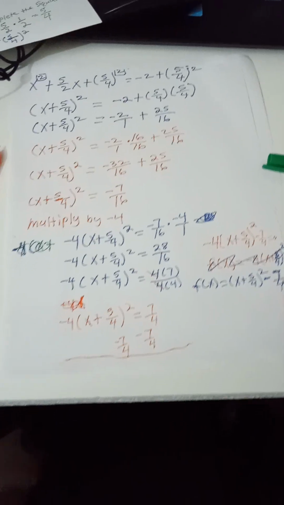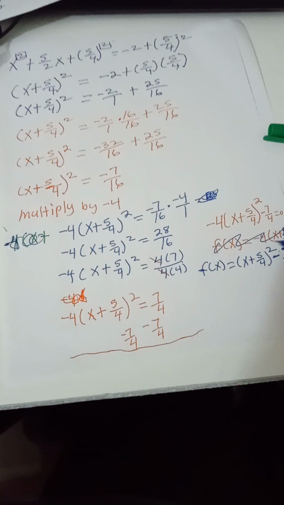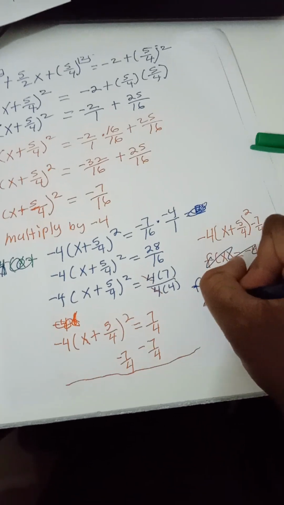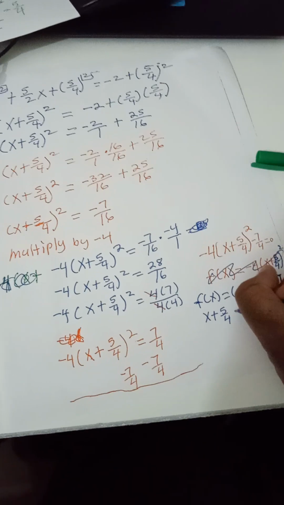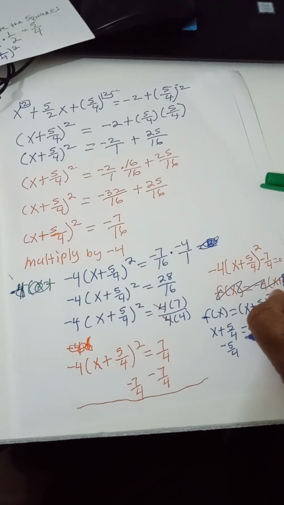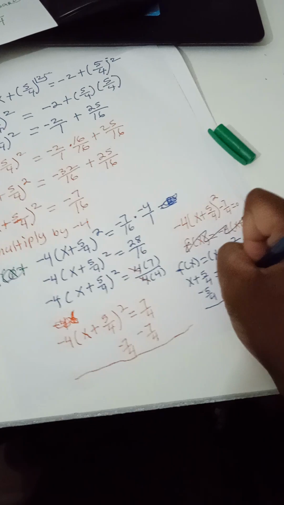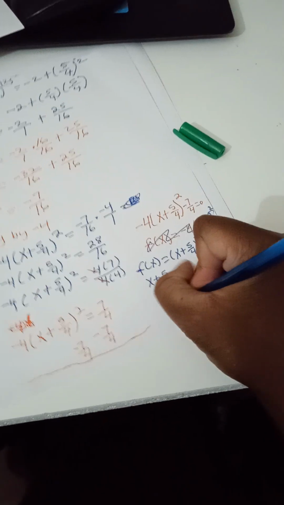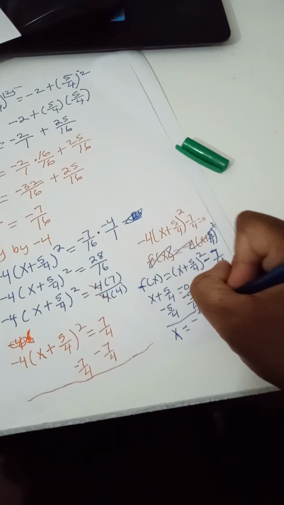So now we can pretty much see what our vertex is. So we set the piece underneath the power of 2 equal to 0. So x plus 5/4 equal to 0, and then subtract 5/4 from both sides. And x is equal to -5/4.